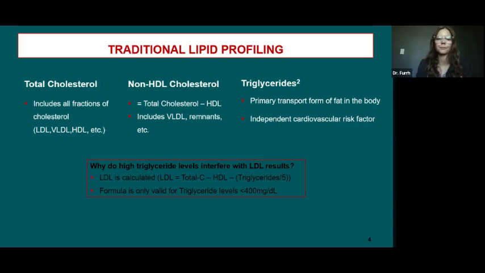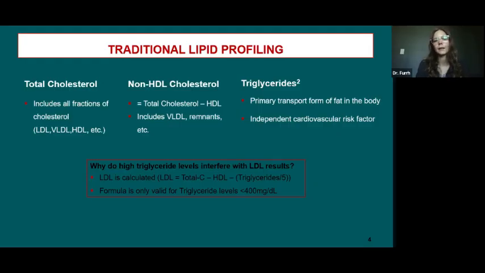Now, some of us may have heard of this, so I wanted to address it. Why do high triglyceride levels interfere with LDL results if they're not included in the cholesterol pool? This is because commonly in the clinical lab, LDL levels are actually calculated and not measured directly.